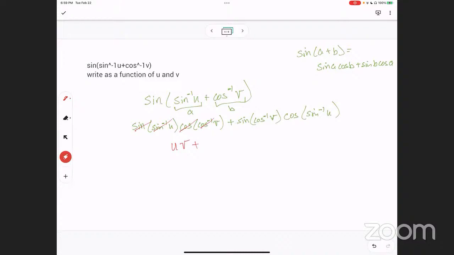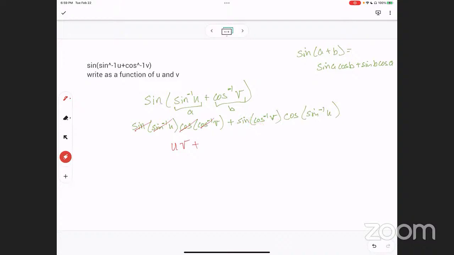Do you have the answer for this? Let me find it in my notes. I might have to work backward, because I don't have the identity sheet in front of me. This just means an angle.